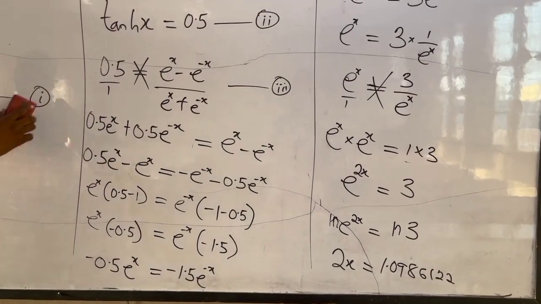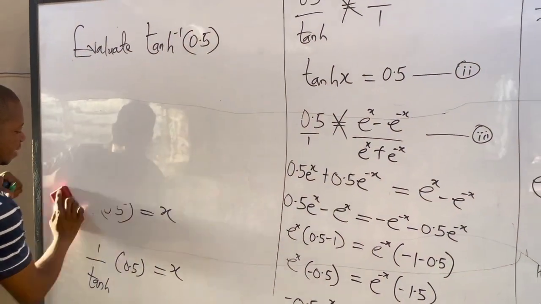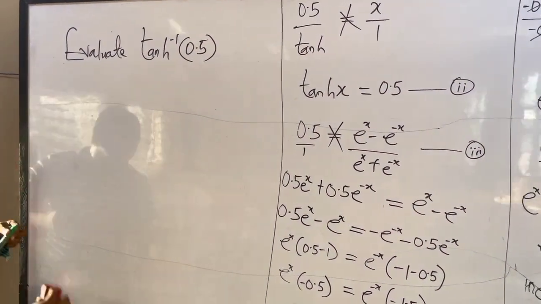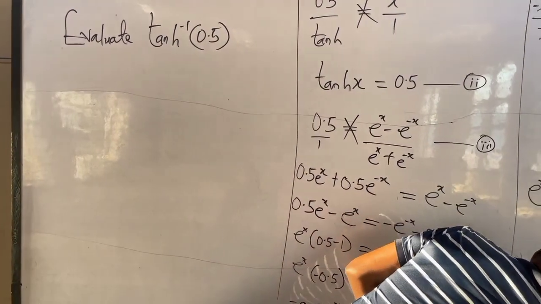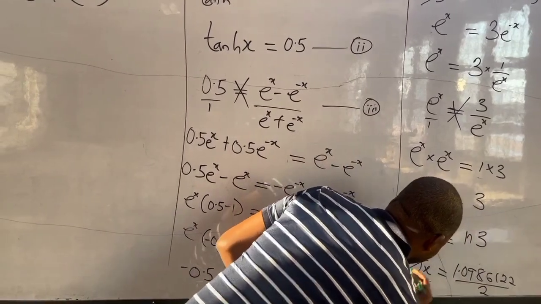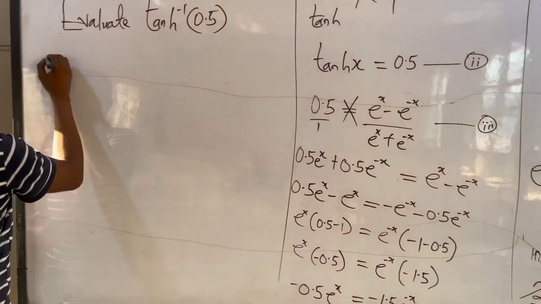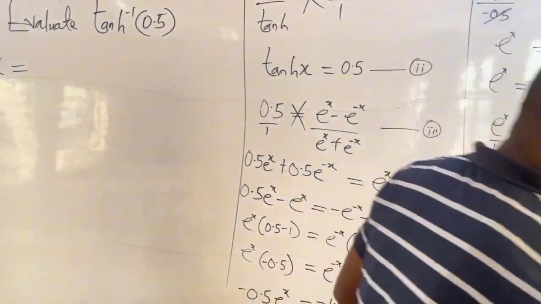So by virtue of that, my x automatically becomes, I'm going to divide everything by 2. So 2 cancels out 2. I'm left with x, and x is equal to the whole of this divided by 2.